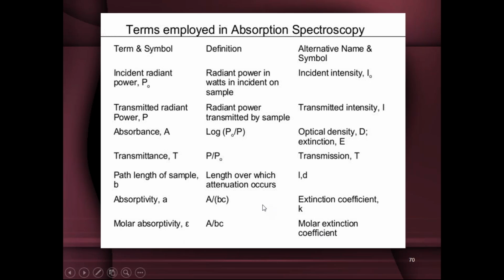Then what's the difference between a and epsilon? It is in the c value. C in absorptivity represents concentration in grams per liter, whereas c in molar absorptivity is the concentration in moles per liter. That's the difference between absorptivity and molar absorptivity.